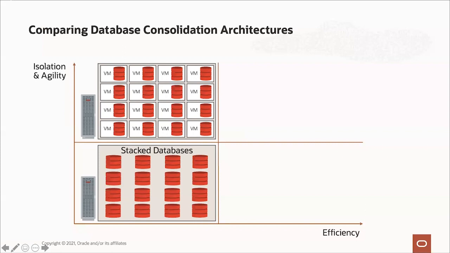But whether it's virtual machines or whether it's Docker containers, it's not a particularly good way of consolidating these databases together. Yes, you get some pretty good isolation and agility, particularly good with the VMs. They can be provisioned pretty quickly. The isolation's good. But the efficiency is not good.